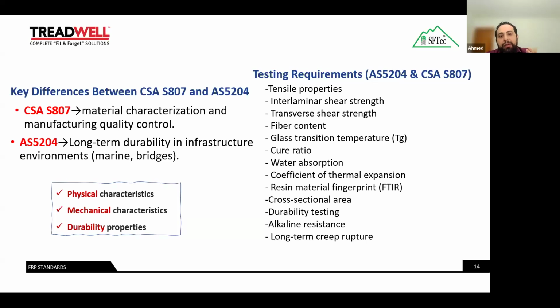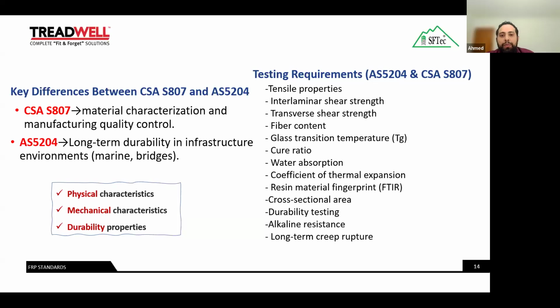For physical properties, it includes glass transition temperature, cure ratio, water absorption, fiber content, FTIR. Also, for mechanical properties, we have tensile properties, interlaminar shear strength, transverse shear strength, and bond strength.